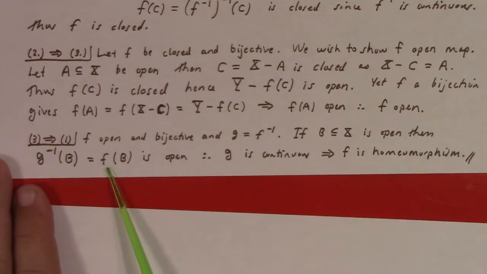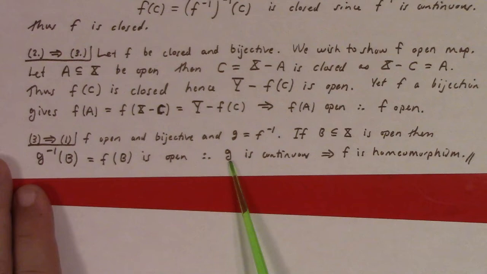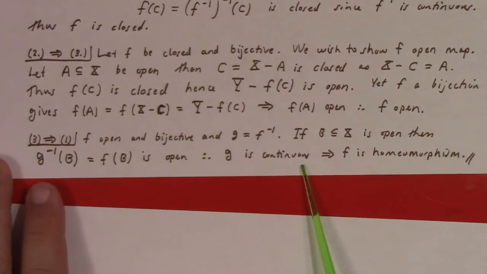But we're assuming F is open, so if B is open, F of B is open. That shows that the inverse image of an open set is open for G, and that means that G is continuous. But if G is continuous, we have that F is a homeomorphism, because we already had that F is a bijective continuous map, and now it has a continuous inverse, so F is a homeomorphism.